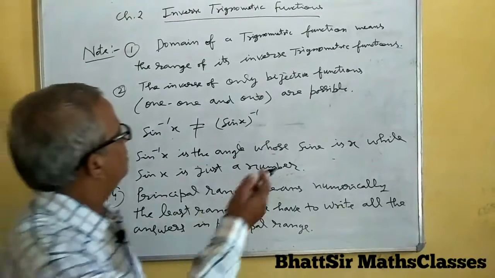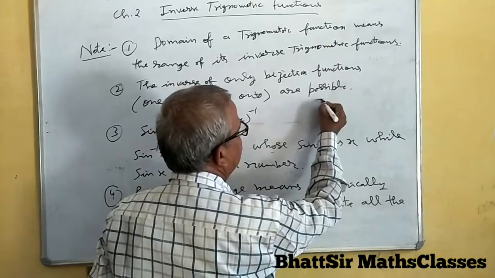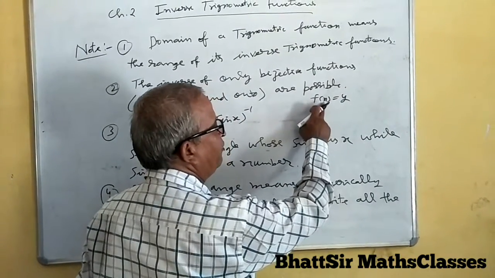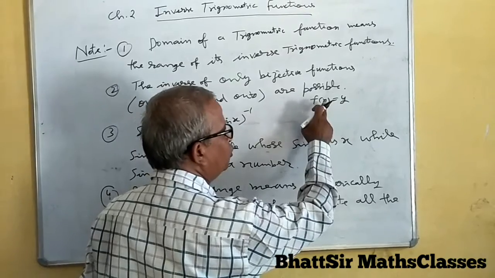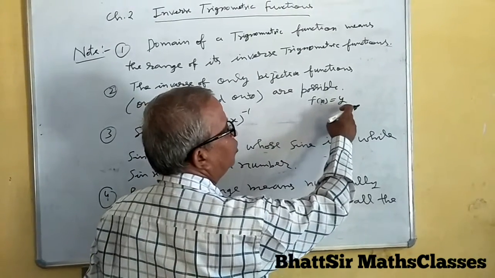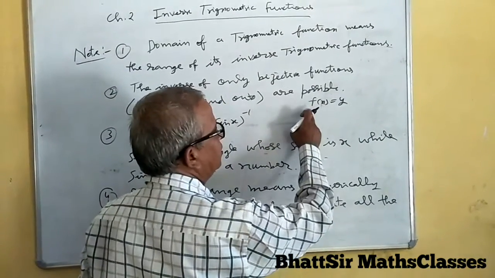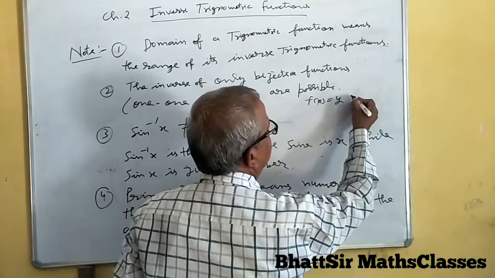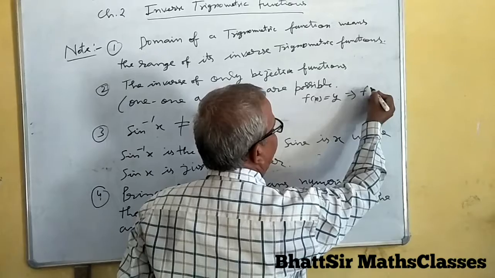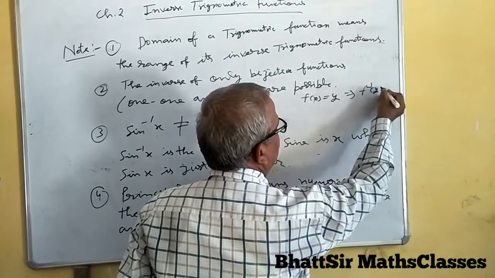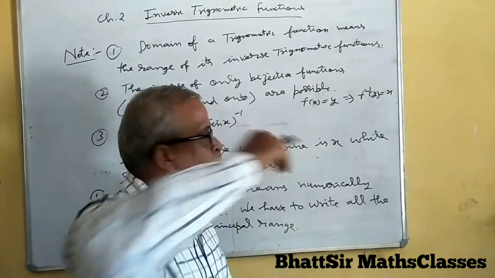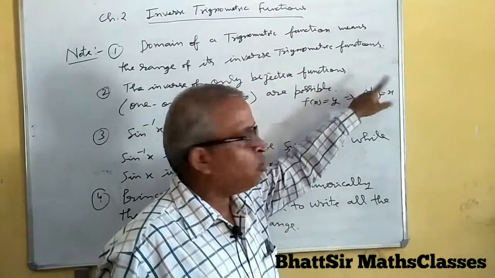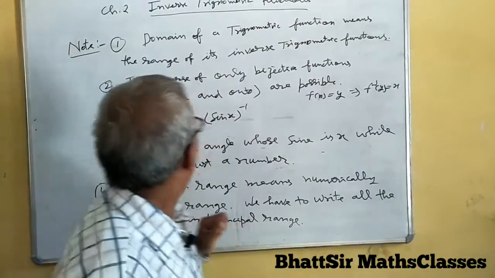It means f(x) equal to y, where all values of the domain x correspond to the range. So this function is a one-one function, and it implies that f inverse y equal to x. So this is the range and this is the domain, so we can say it is called an onto function.